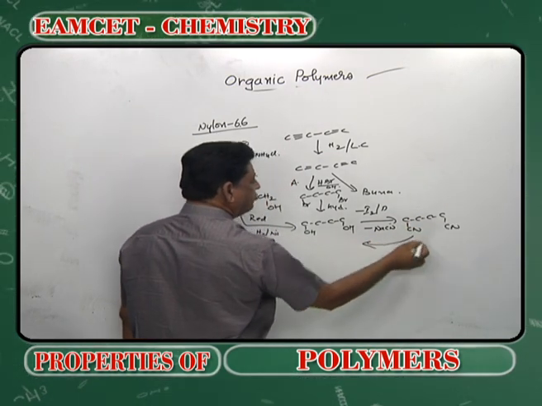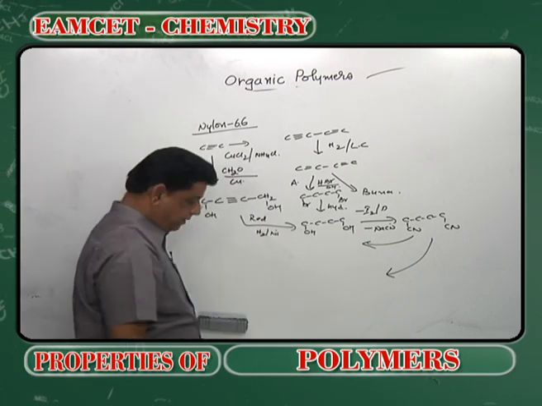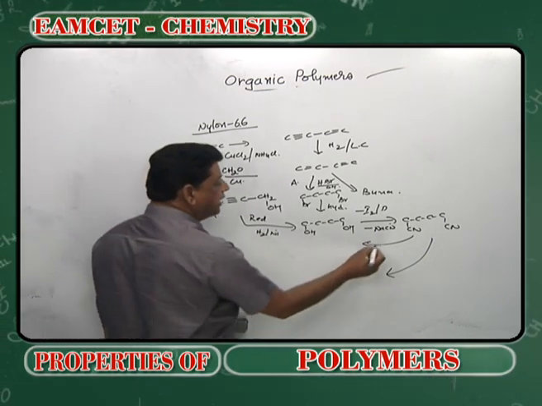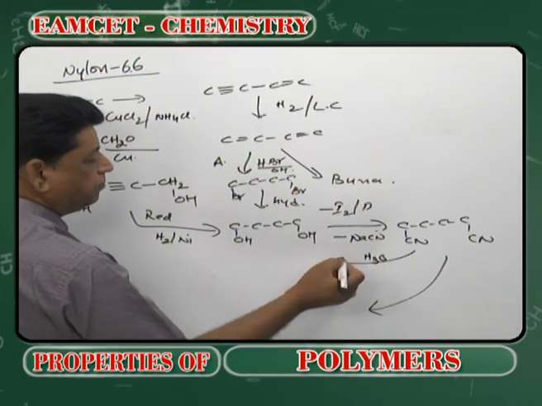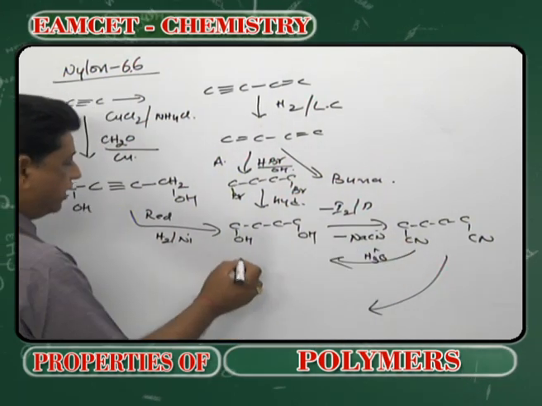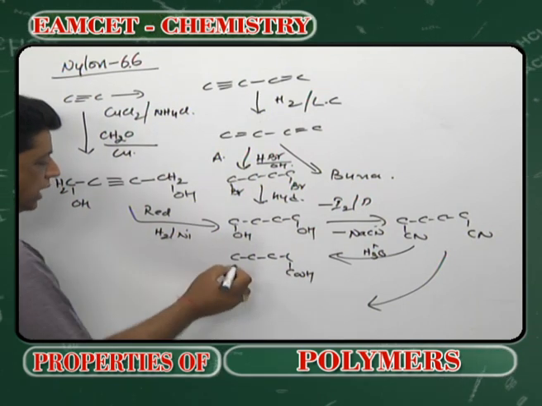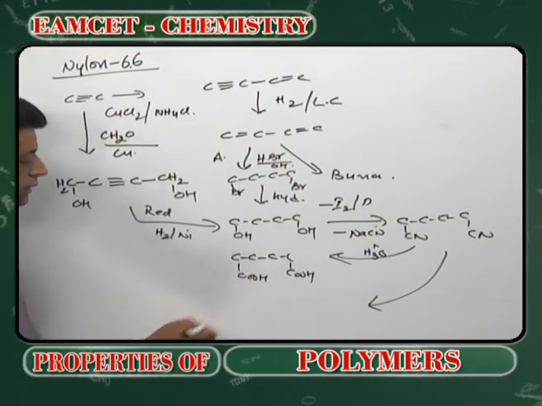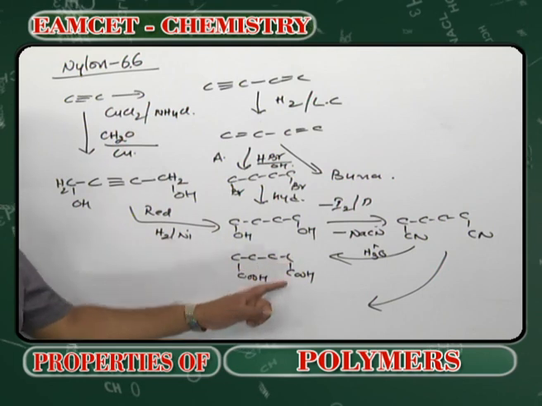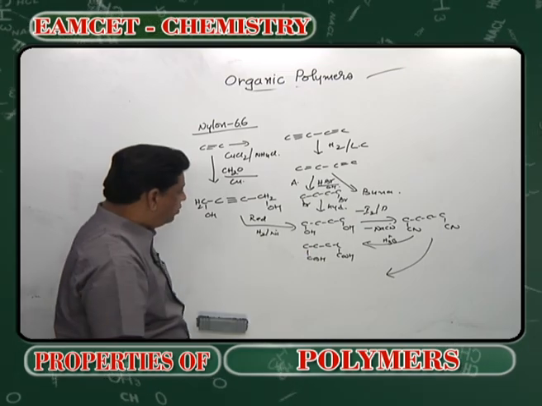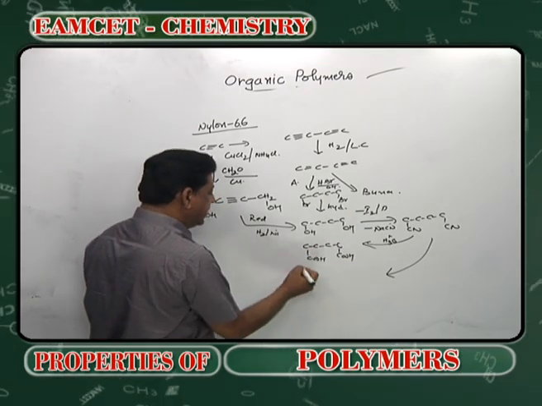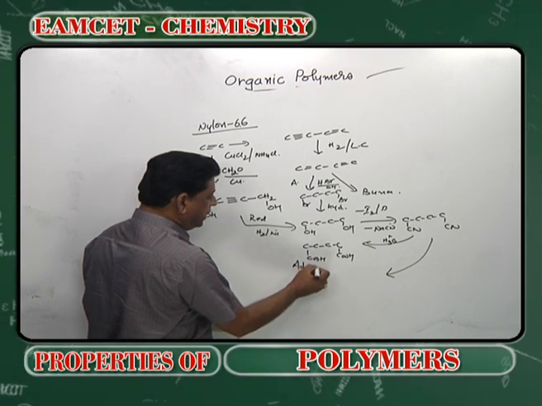Now, this compound has 2 different reactions. One is hydrolysis. In the hydrolysis, the cyanide groups become carboxylic acids. What acid did you get now? This is a 6-carbon dioic acid, called adipic acid.